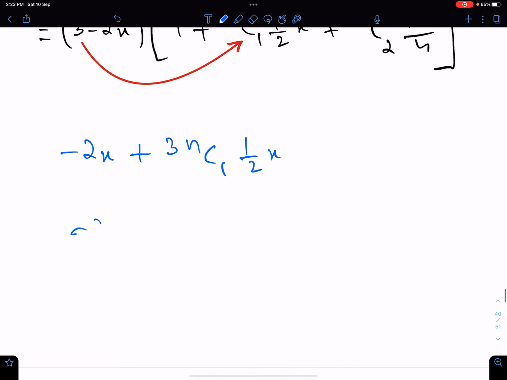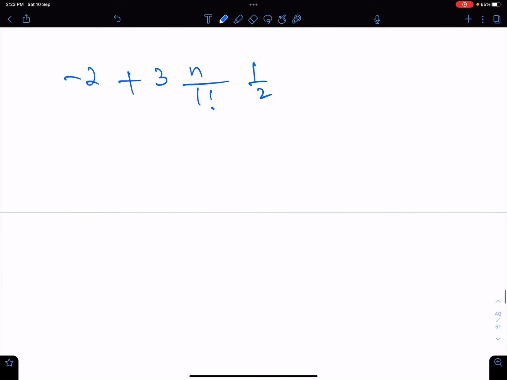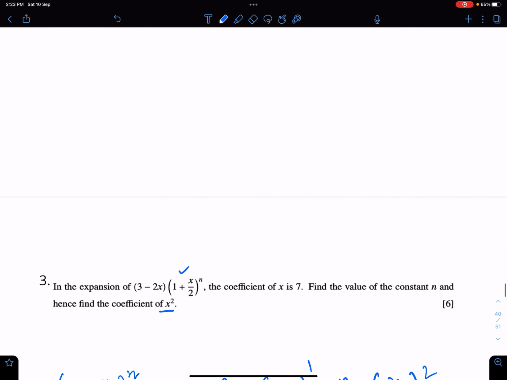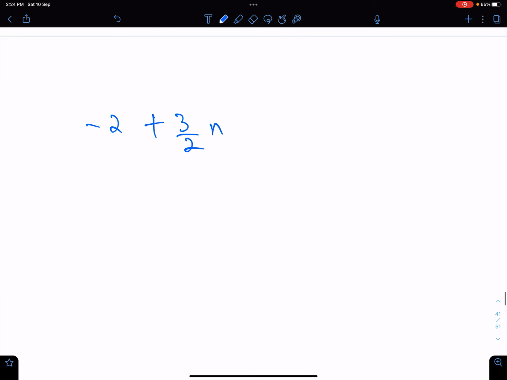Now simplify this. Just take the coefficient. nC1 is n. I told you nC1 is n upon 1 factorial and 1 factorial is 1. So this result is minus 2 plus 3 upon 2 n. Now this is the coefficient of x. Now you just need to equate this with the given coefficient, which is 7, to get the value of n.